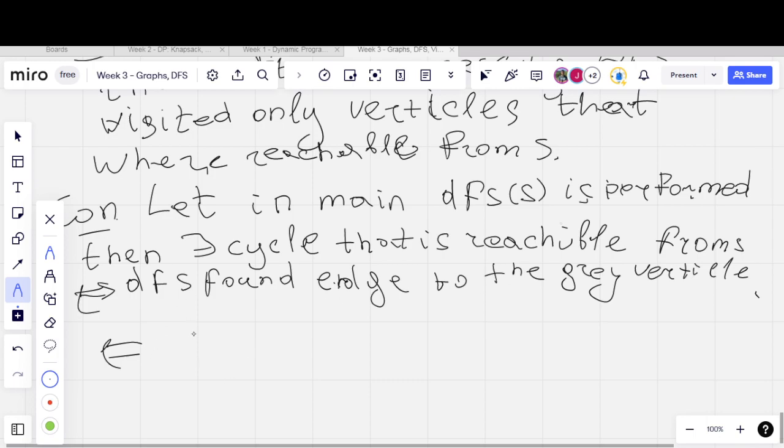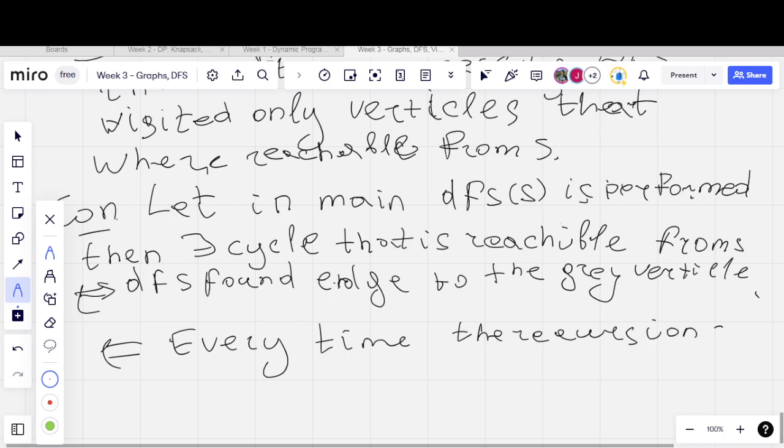So every time the recursion stack is walked, it is a walk of gray vertices.